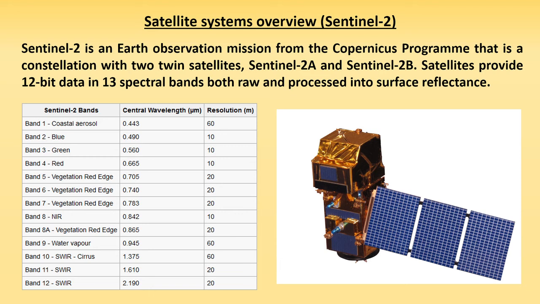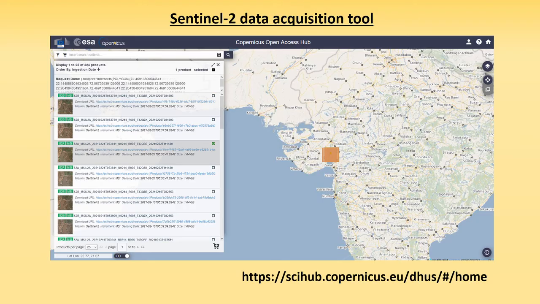The spatial resolution starts from 10 meters. Revisit period is 5 days. Sentinel satellites data is also totally free, as the data received by other Sentinel program satellites, and available for download using the acquisition tool provided by the European Space Agency.